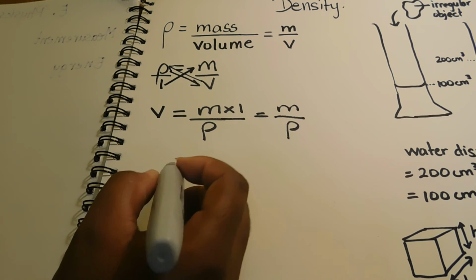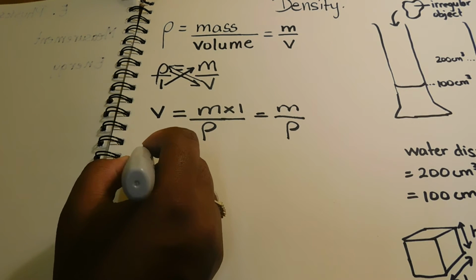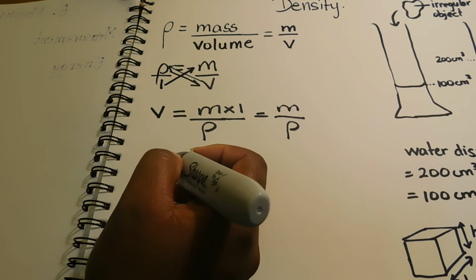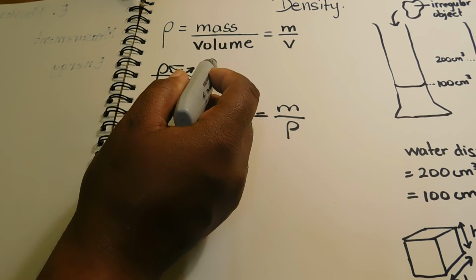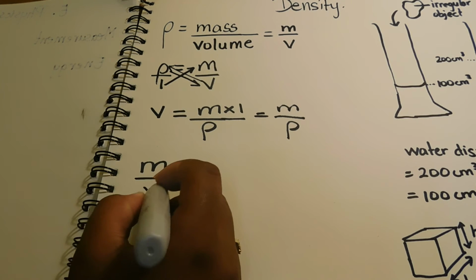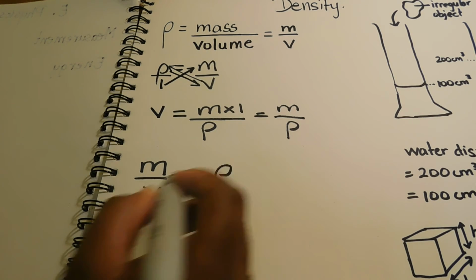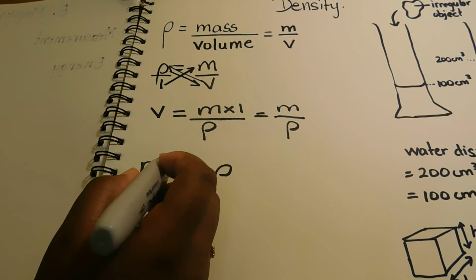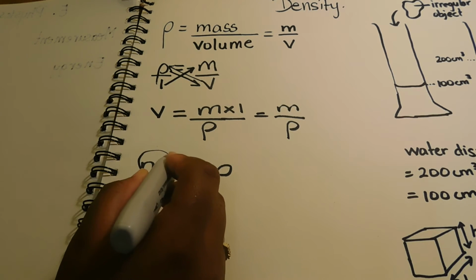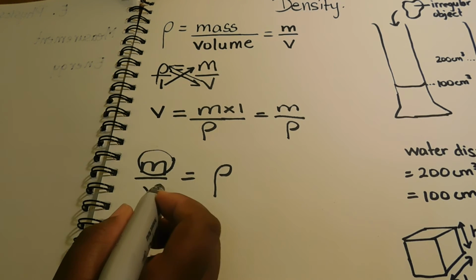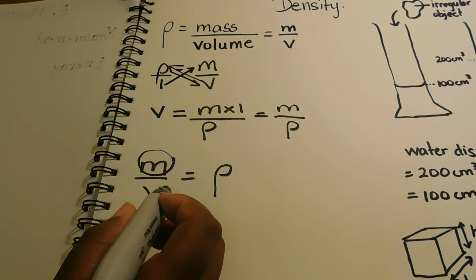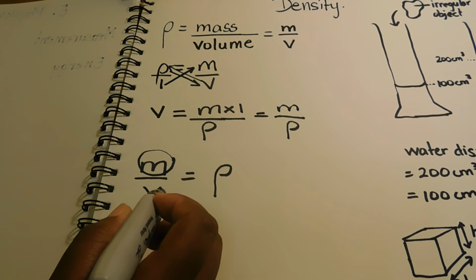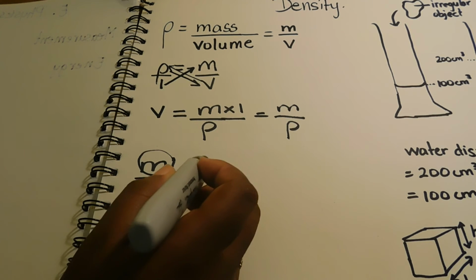Suppose you wanted to solve for m. Well, we already know that m over v is equal to rho. Once m is in the numerator, we don't have to move it, but we have to move the friend. Anything in the denominator must be moved across upwards.